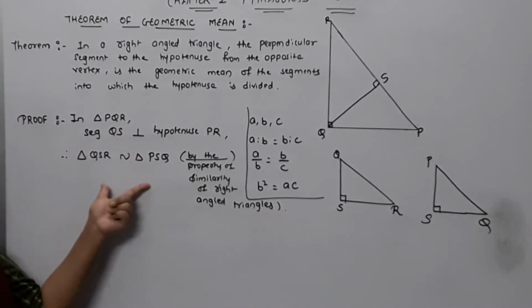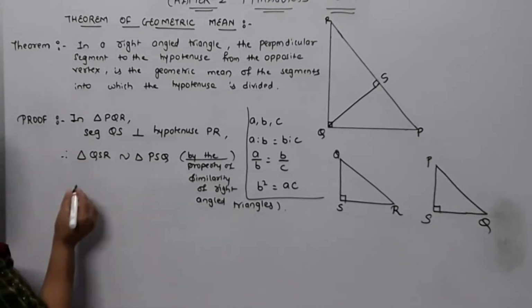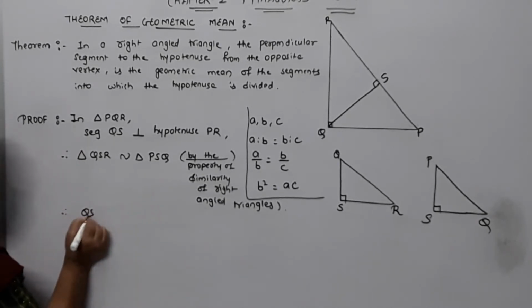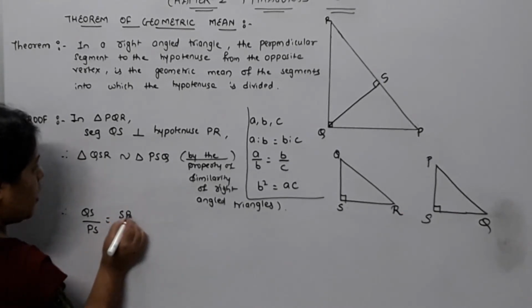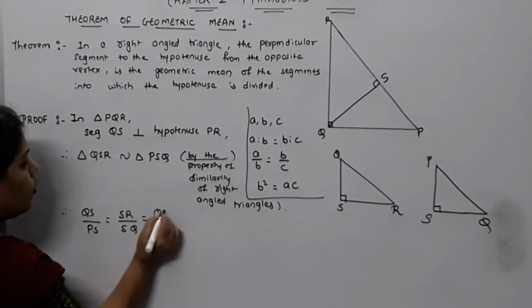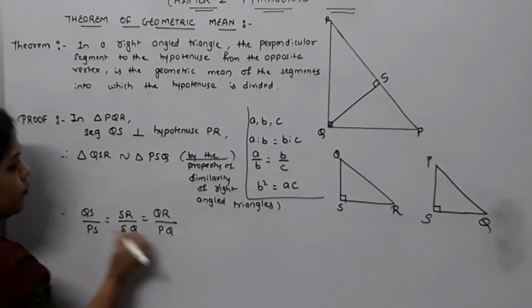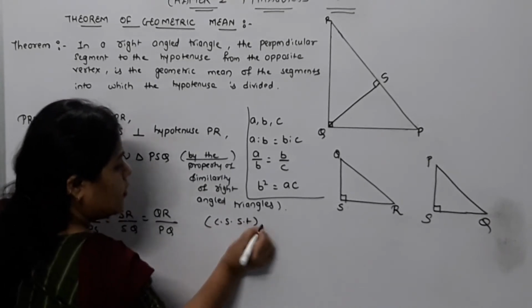If the triangles are similar, then the sides are in proportion. So we'll write that therefore QS upon PS is equal to SR upon SQ is equal to QR upon PQ. Corresponding sides of similar triangles.